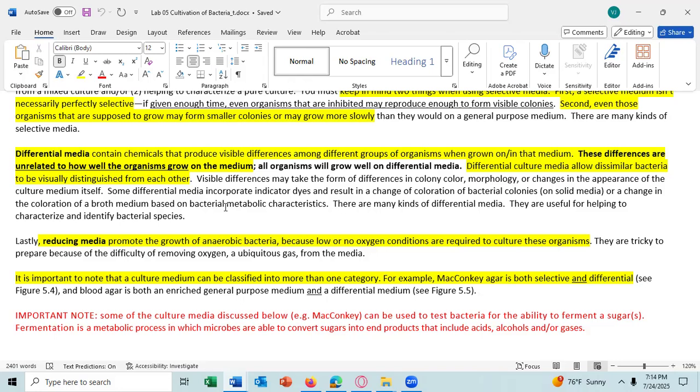Like if you grow E. coli on EMB, of course, that one can ferment the sugar lactose. If you were to grow Pseudomonas aeruginosa on EMB, it would be its normal color. It would not be turning dark or blackish, or metallic in color because it cannot ferment the sugar lactose.